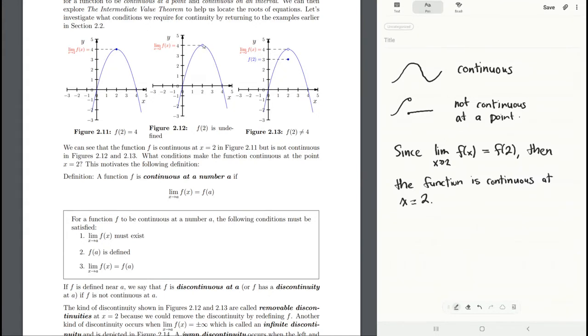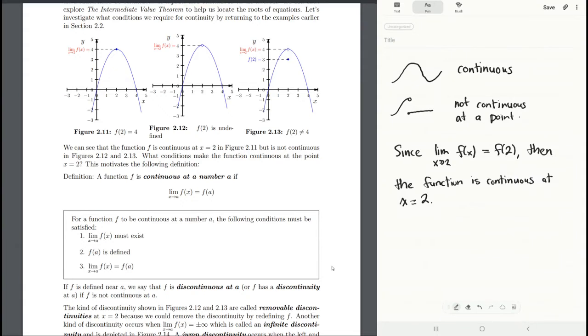If we redefine this function so that it obtains a value of 4 where x equals 2, then we can make the function continuous. Similarly, if we change the value of f when x equals 2 to be equal to 4 rather than 3, then again we can remove that discontinuity by redefining the function.